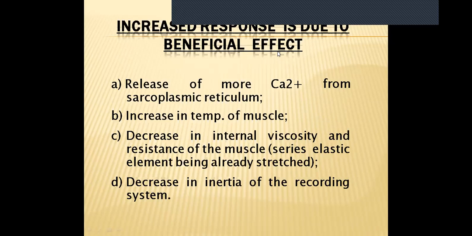This is also due to an increase in the temperature of the muscle fiber, and since the second stimulus is given fast, there will be a decrease in the internal viscosity and resistance of the muscle fiber. Inertia of the recording system will also decrease due to the successive stimuli. That's why this beneficial effect or increased response can be seen.